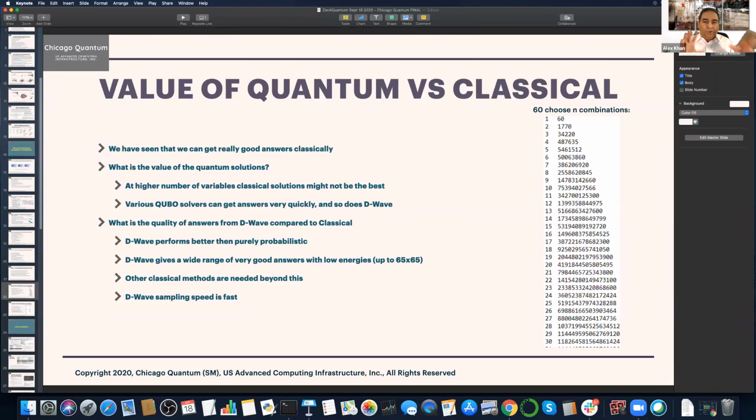So what is the quality of the answers coming from D-Wave compared to classical? Assuming that you bought into the QUBO method, and now you're saying, okay, well, what's the value of D-Wave? Since D-Wave is using this quantum tunneling, as Jeff showed on the efficient frontier, just 30 answers were really good answers. With a simulated annealer, you might not get the best answer, and especially as your number of assets increases, or with a combination like Clark has, where you do genetic, simulated bifurcation, you could get a really good answer.